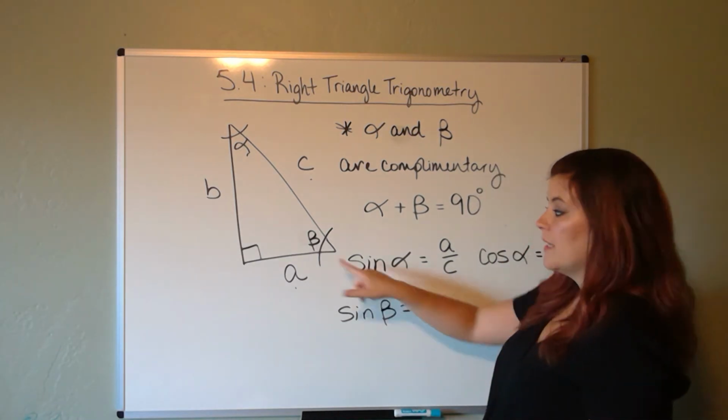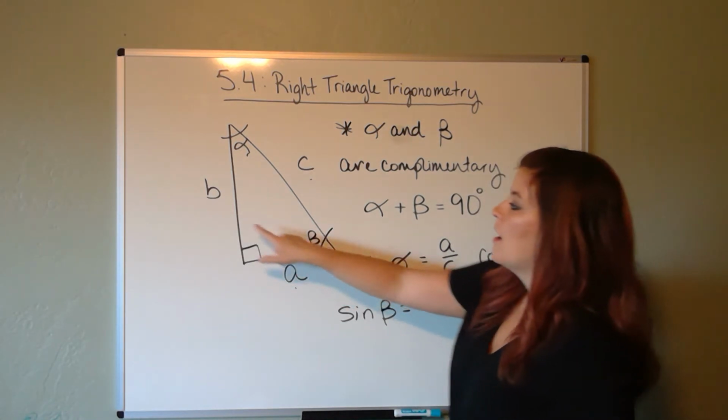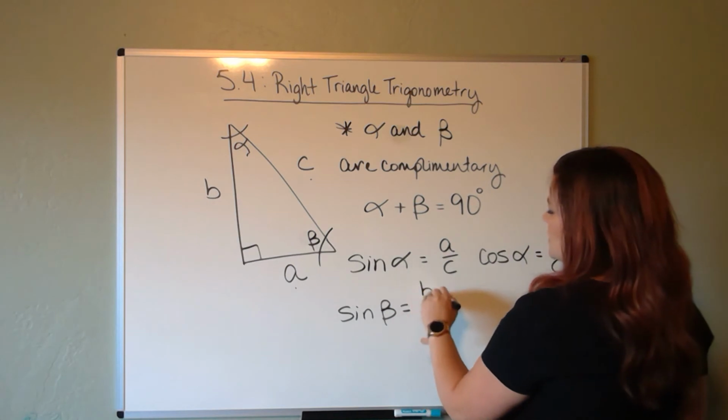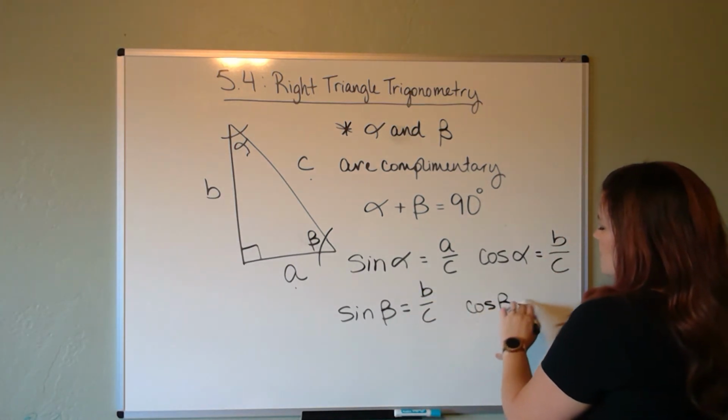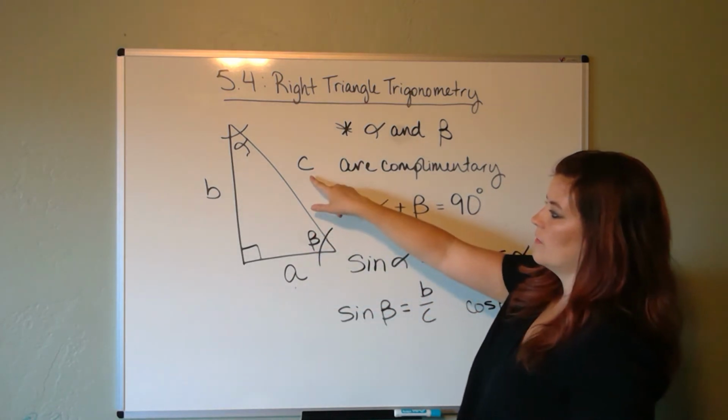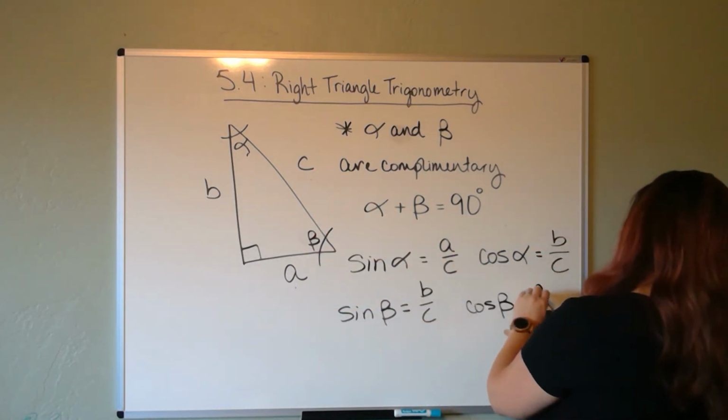The sine of beta, so now we're down here, opposite over hypotenuse is B over C. And the cosine of beta, adjacent over hypotenuse, is A over C.